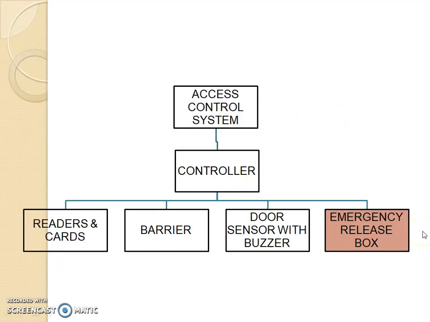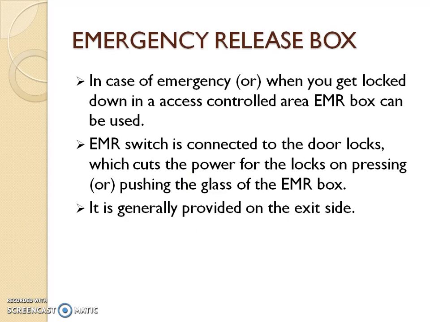Next we are going to see the emergency release box. This is also called EMR. In an emergency, when you get locked into an access control area, the EMR box can be used. The EMR switch is connected to the door lock. It cuts the power to the lock when you press and push the glass of the EMR box.